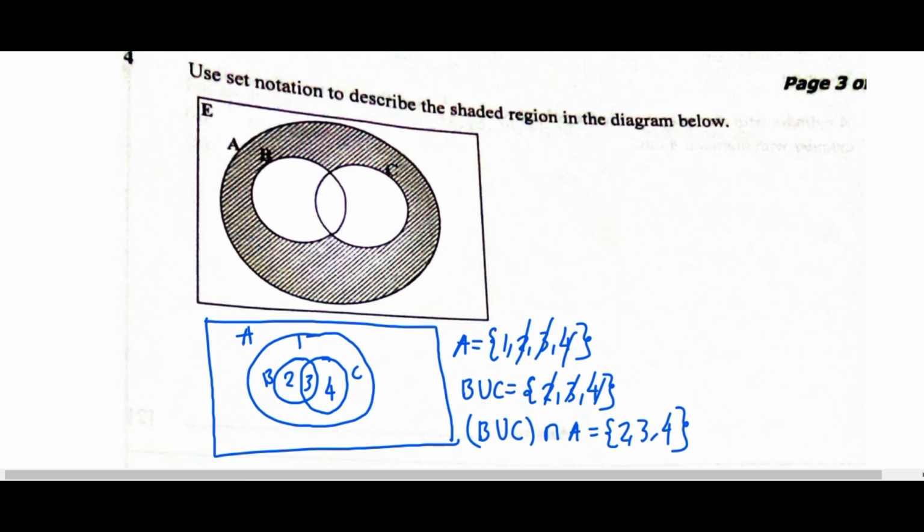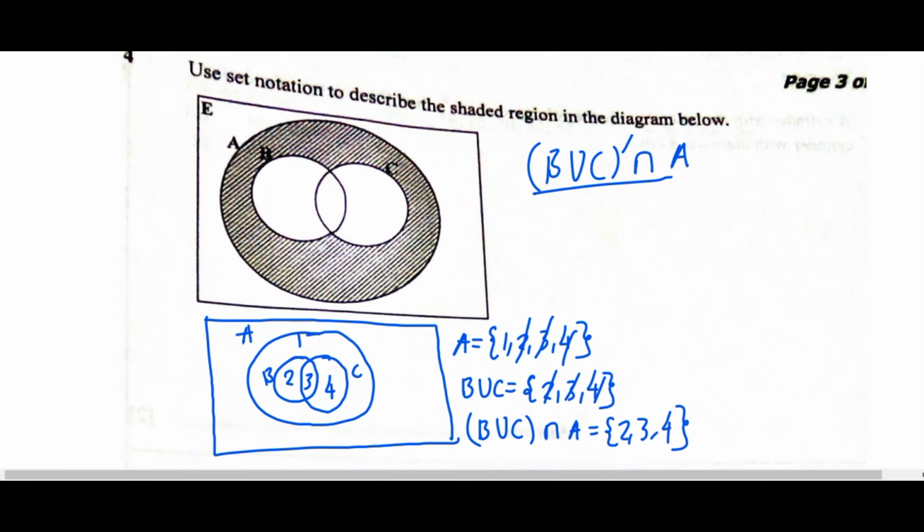So from this we have the picture here. So now the point is B union C is intersecting A. But this B union C, we don't need it, so we put a complement. So this is what we want from here.